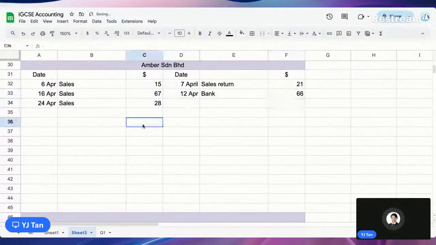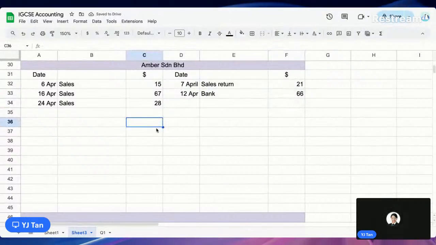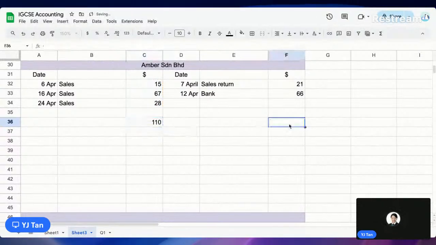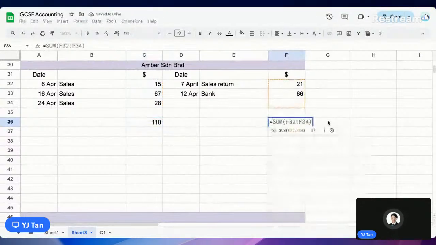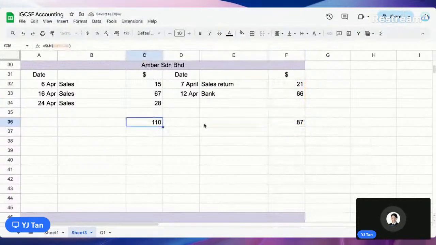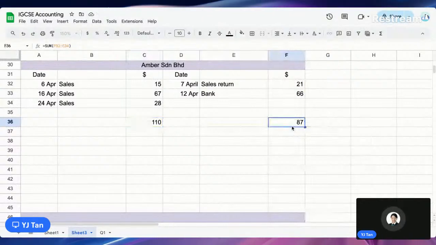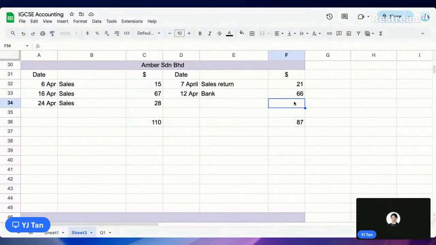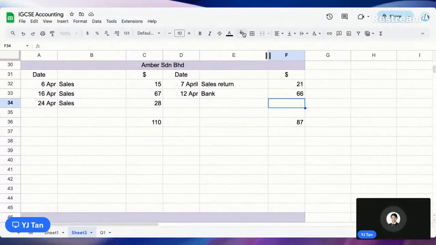So how do we do this balancing? Let's understand what the total is. I suggest that you total up one side and then total up the other side too, and you realize that it's not balanced. This is 110, this is 87, which is not balanced. So what to do if it's not balanced? To know how much is here, let me highlight.